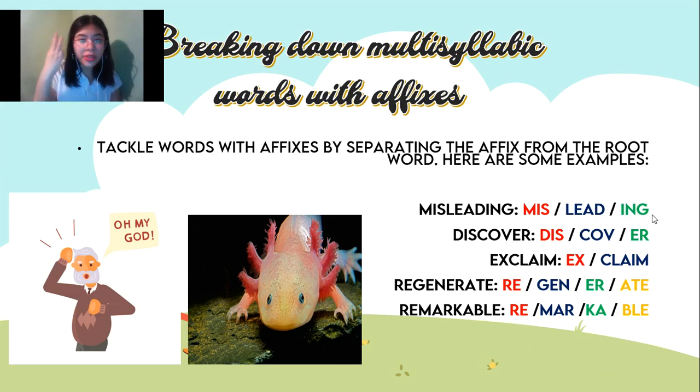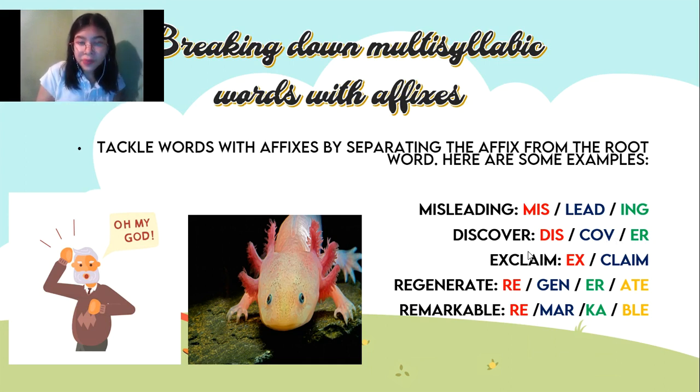We have our three syllables here. Misleading, three vowel sounds. Then we have the word discover, which is dis as the first syllable and cover as the second syllable: discover.